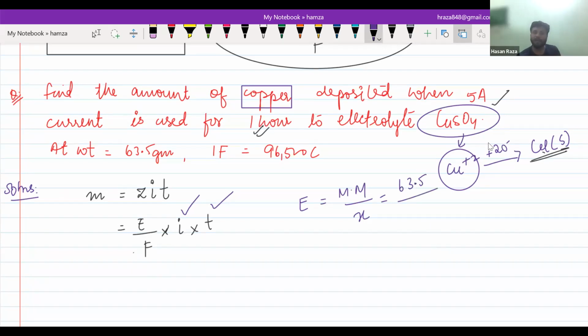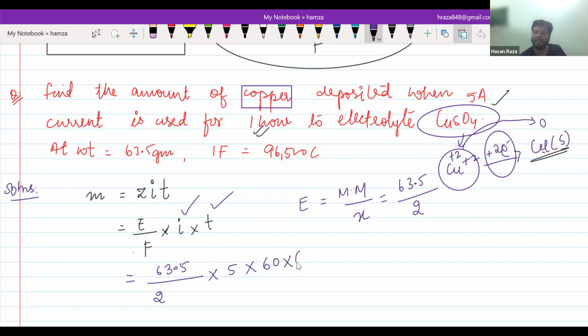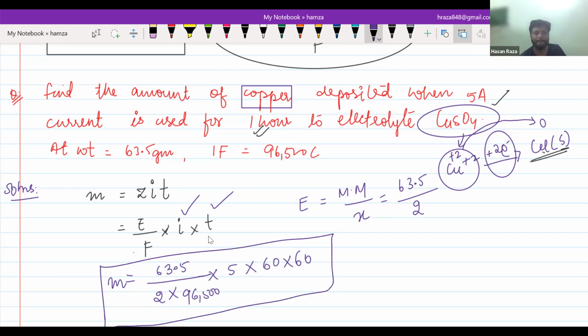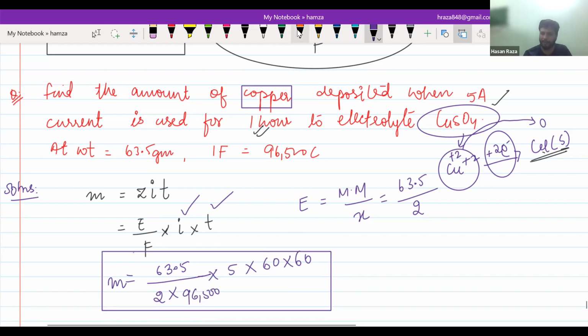So you can see there is only 2 electron difference, plus 2. It is going from +2 to 0. So the value of X will be 2. So I'm going to just put the value 63.5 upon 2 into current is 5 ampere. Time is 60 minutes into 60. It will be in second. And what is the value of Faraday's? 96,500. And you will get your answer if you solve it.